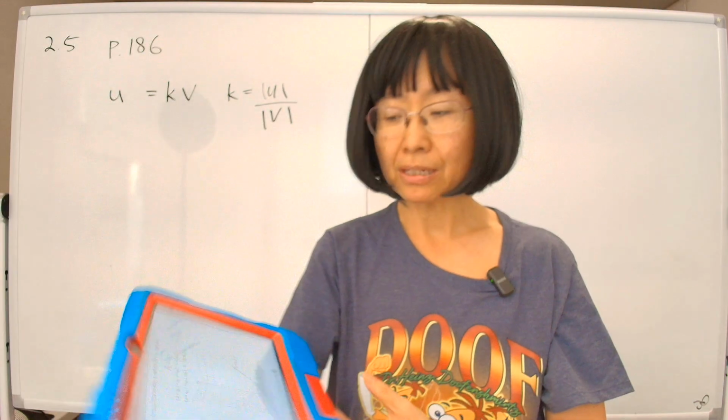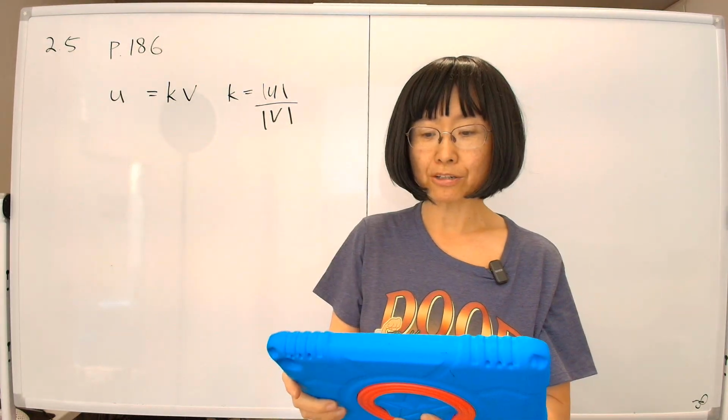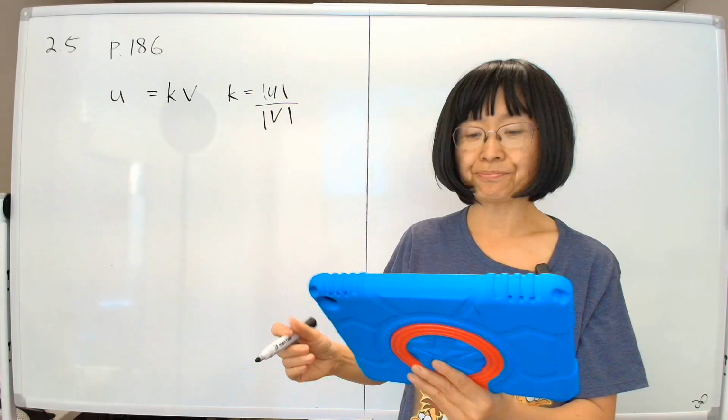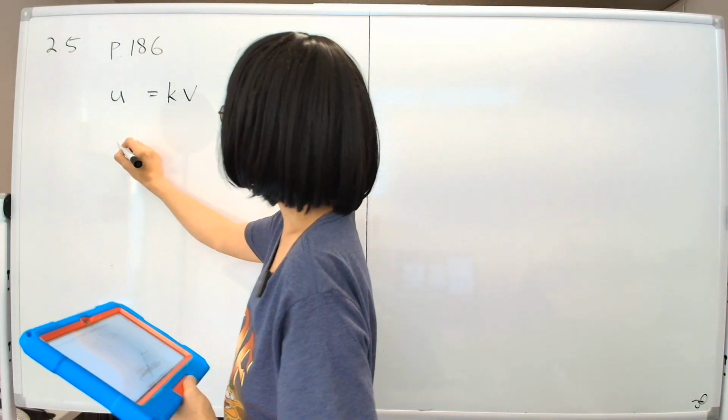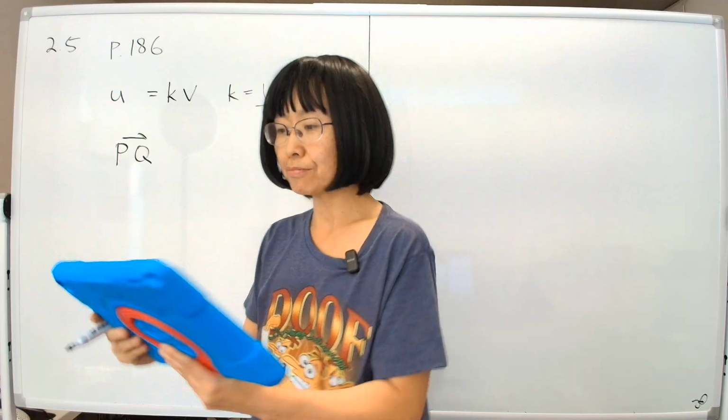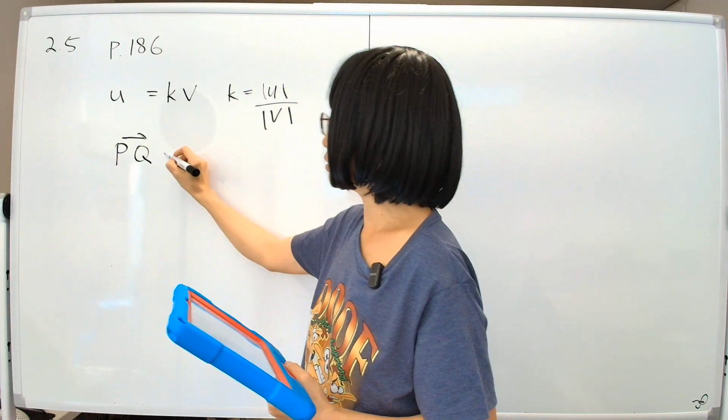Now, Q minus P gives you the vector from P to Q, right? So the PQ vector will be Q minus P.